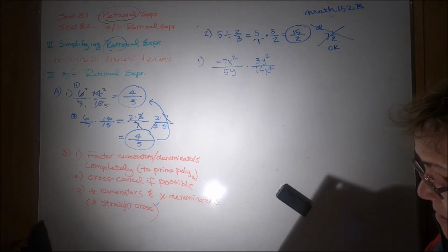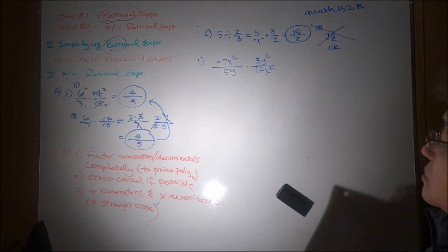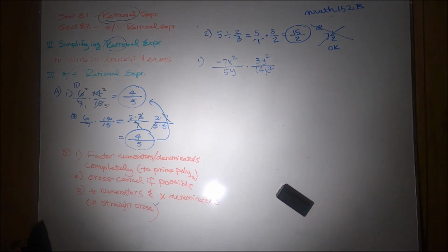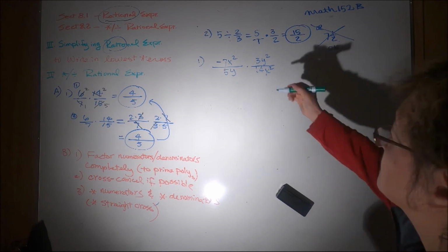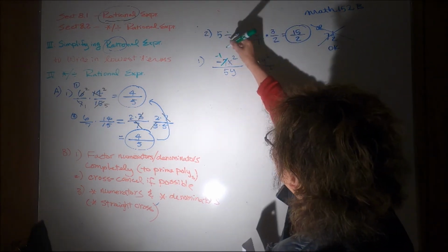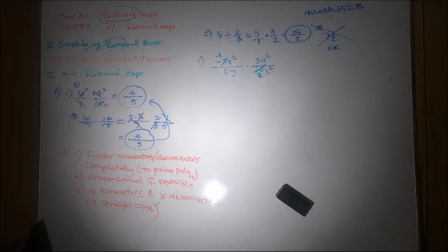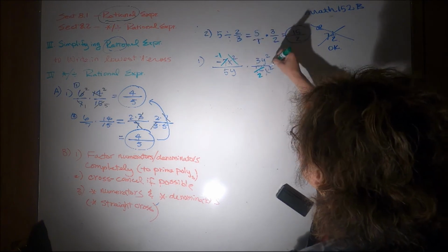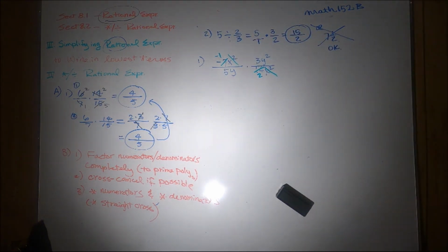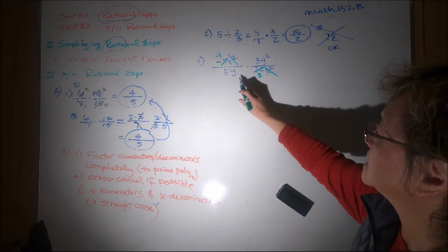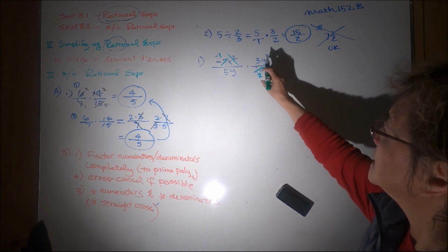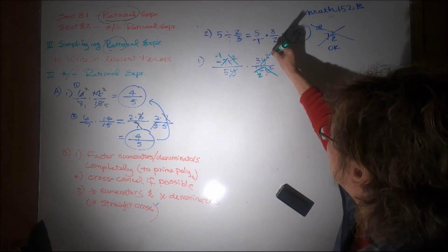So numbers and numbers. So what do we have there? 7 and 14. So that would be 1, that would be 2, right? And how about x's? So x squared and x squared, right? 3 and 5, you cannot do it. Y squared and y, you can get rid of one of them.